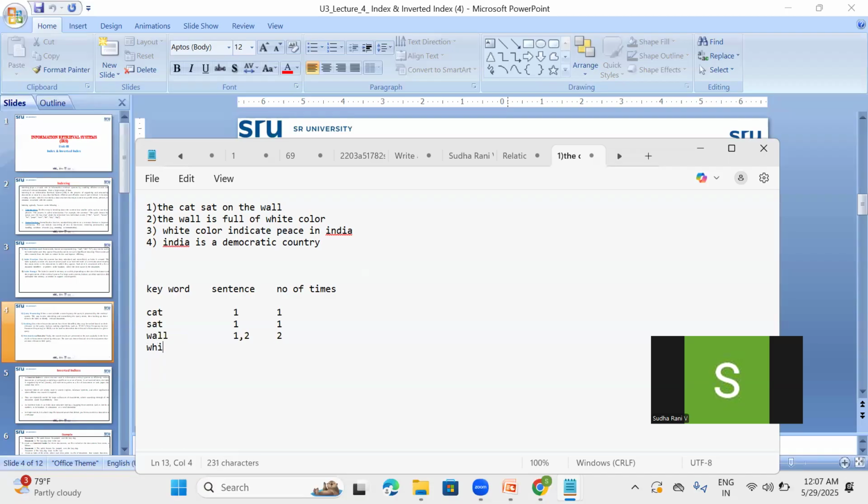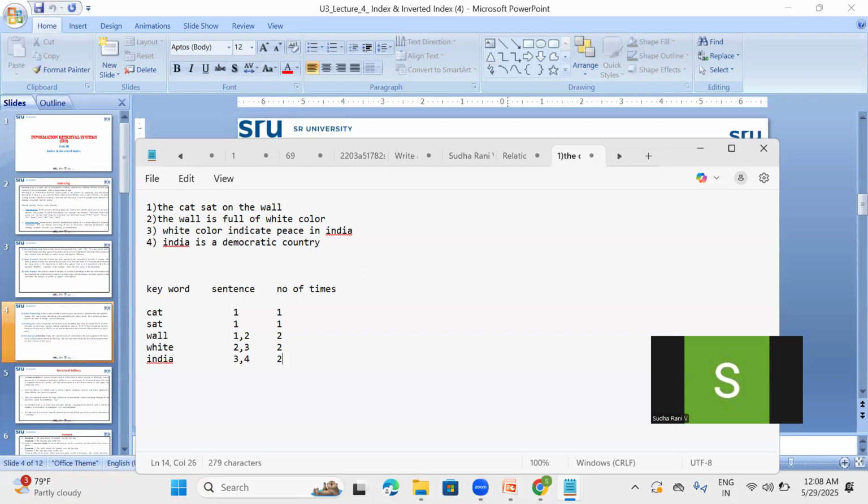Next one, white. White also appeared in sentence 2, 3. 2 times it is repeated. Next, India. It also appeared in sentence 3 and in sentence 4. So total it appeared 2 times.